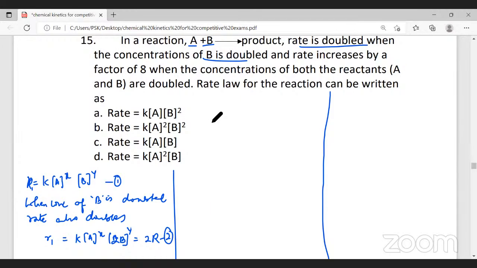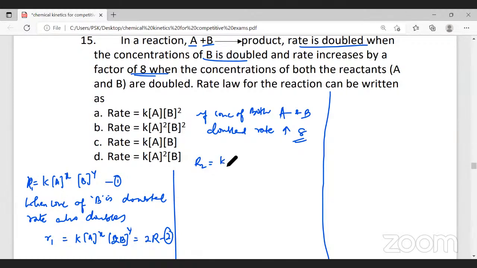The third factor is: if the concentration of both the reactants A and B is doubled, the rate increases by a factor of 8. So we can write R2 is equal to K into 2A to the power X into 2B to the power Y, that will be equal to 8R.